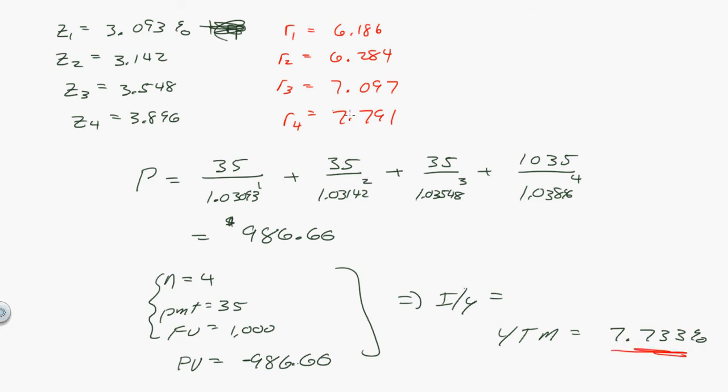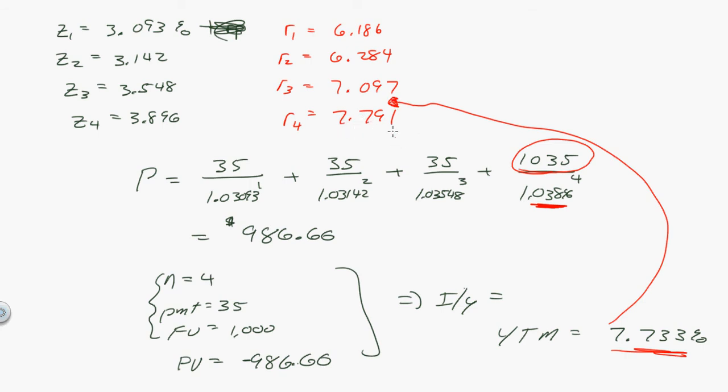It's going to be the average of these four numbers, but not the average like add up divided by 4. But when does the biggest cash flow come? The biggest cash flow comes here in year 4. So I know since the 2-year spot rate discounts most of the money, the yield to maturity is going to be close to the 2-year rate, and sure enough, it's just a little bit less than the 2-year spot rate.